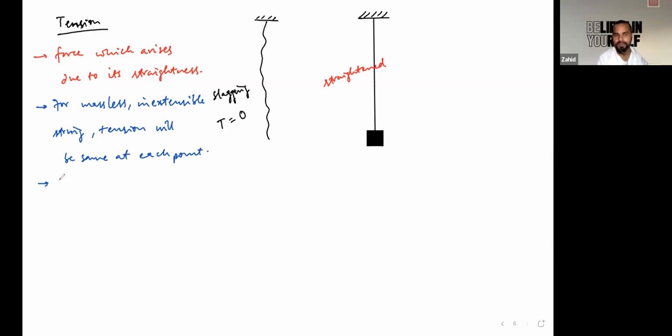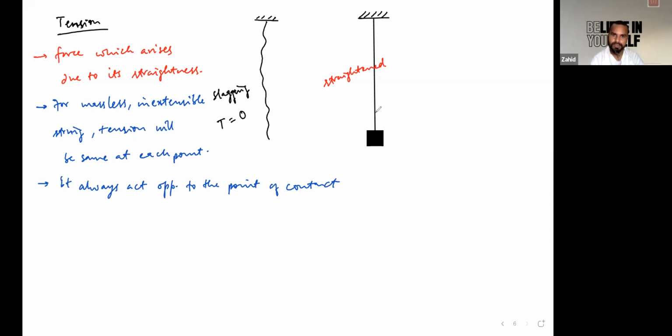Third, it always acts opposite to the point of contact. Just in this part, we have two different points of contact.